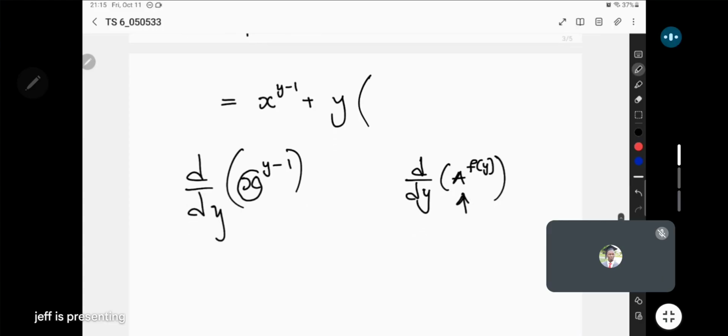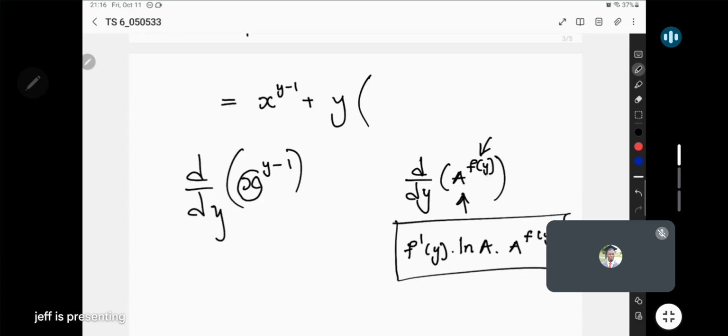We know you first differentiate the power. After differentiating the power, multiply it with ln the base. After that, multiply it with the original function unchanged.